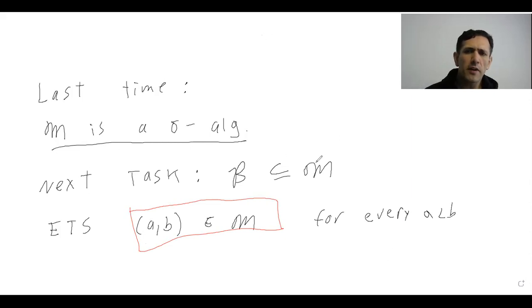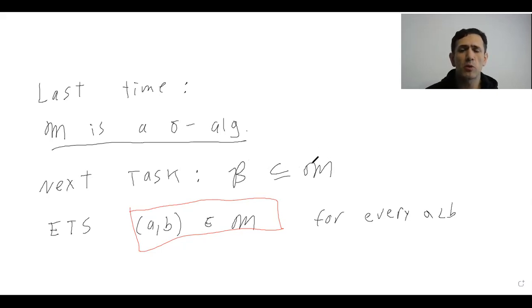then we'll have a sigma algebra script M containing all open intervals. Script B is the smallest such sigma algebra, and hence script B will be a subset of script M. So that has a practical meaning: every open interval, and really every open set, is measurable.